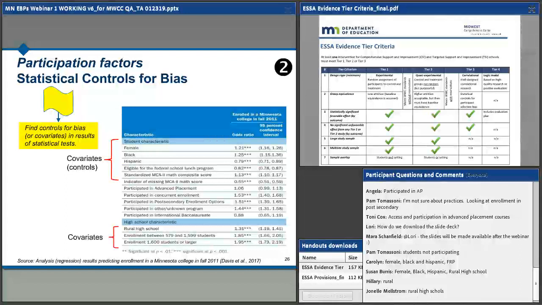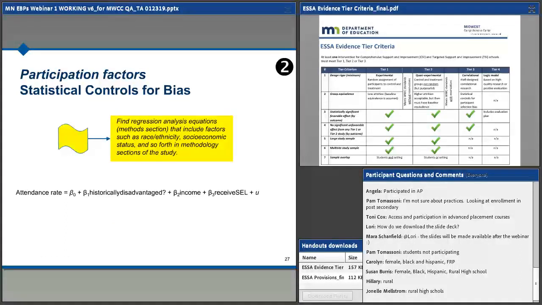So in other words, the study is both going to measure the impact of the practices themselves, and they're going to measure the relationship between the outcome and these controls. And by doing so, they will be able to control for bias. But the main takeaway here is that the look-for is rather straightforward. You want to look at these results tables, and you want to look for these very specific race, socioeconomic, et cetera, related variables, which are another sign that you've met this particular criteria for Tier 3.